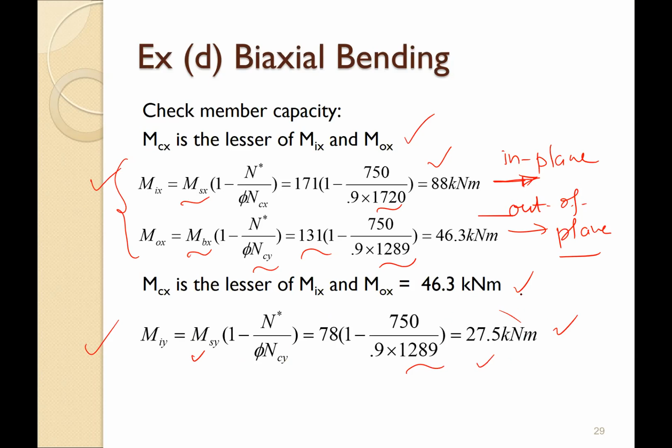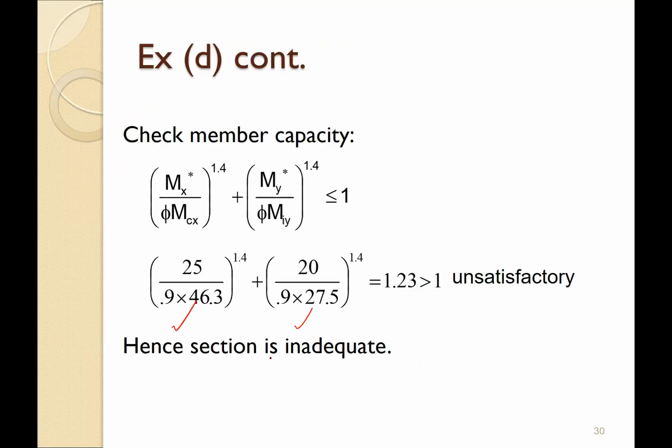Capacity has been reduced for considering both axis bending, because, as I've said, the capacity will be shared. So when we are calculating MOX, we have NCY. Again, when you are calculating MIY, there is also an NCY.